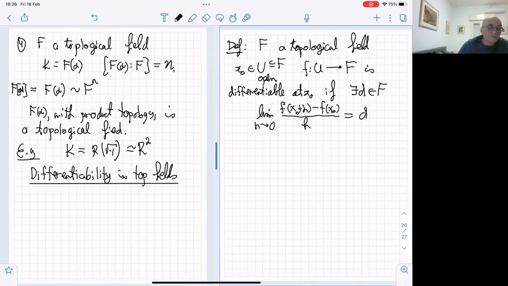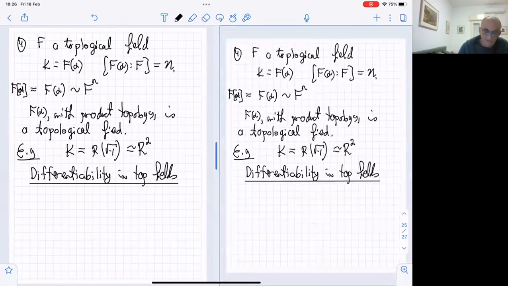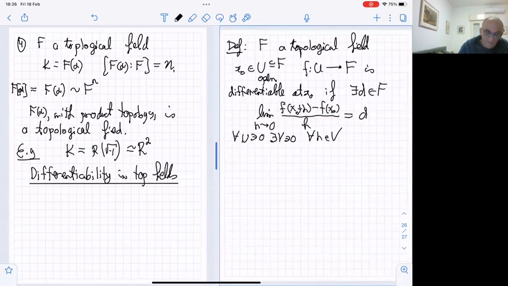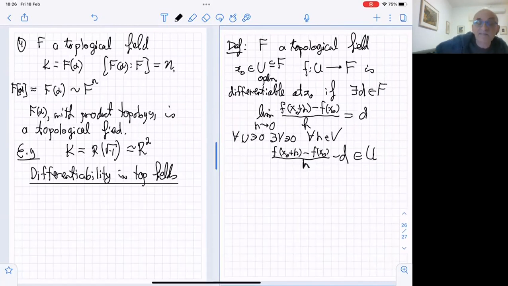But of course, the limit is with respect to the topology, which means that for every open neighborhood of 0, like epsilon, there exists another open neighborhood V of 0, such that for every h in V, we have f of x0 plus h minus f of x0 over h, minus D, belongs to U. And I'll just comment that if there is a basis to the topology which is definable in some setting that we work with, then this property is a first order property of your function.